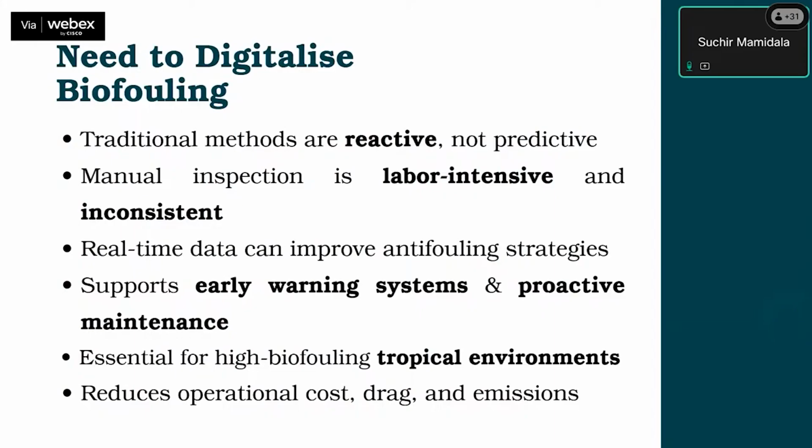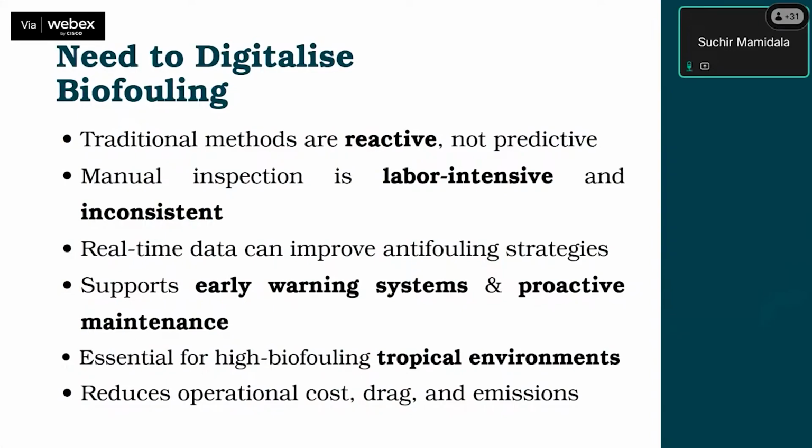Traditional fouling management techniques are very reactive, so waiting for buildup and then trying to clean them, leading to high costs, delays, and damage. Manual inspections are slow, inconsistent, and often impractical. Digitalizing the process with real-time sensors, machine learning, and remote imaging enables predictive maintenance, detecting fouling early, optimizing cleaning, and avoiding performance losses.